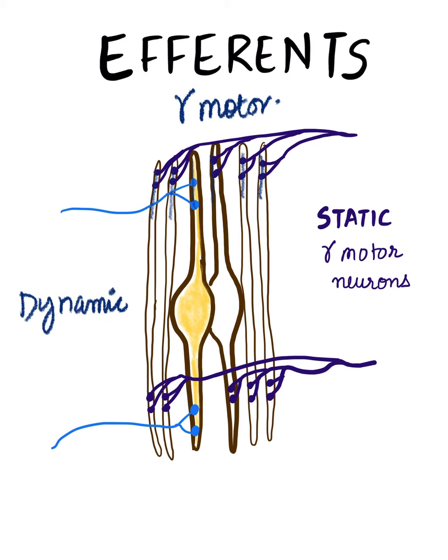The dynamic gamma motor neurons supply only the dynamic nuclear bag fiber, while static supply the static nuclear bag fibers and the nuclear chain fibers. So they are mutually exclusive, we can see. So this was about the muscle spindle.